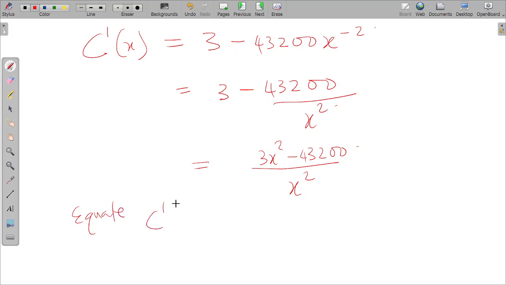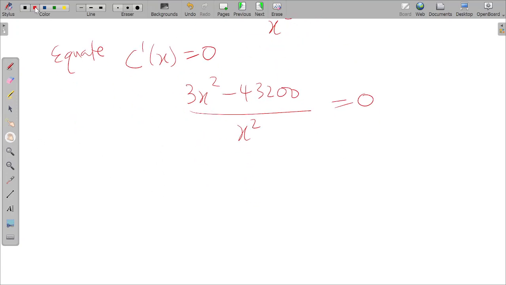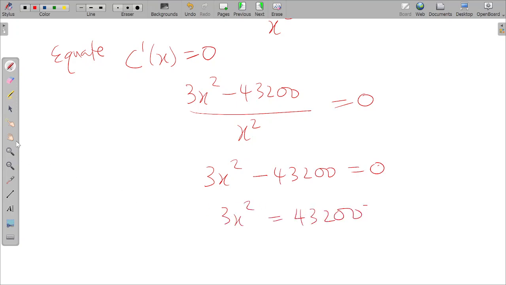If I equate the derivative to 0, I'll be getting 3x squared minus 43200 all over x squared equals 0. If I cross multiply, I will get 3x squared minus 43200 equals 0. Then 3x squared equals 43200.